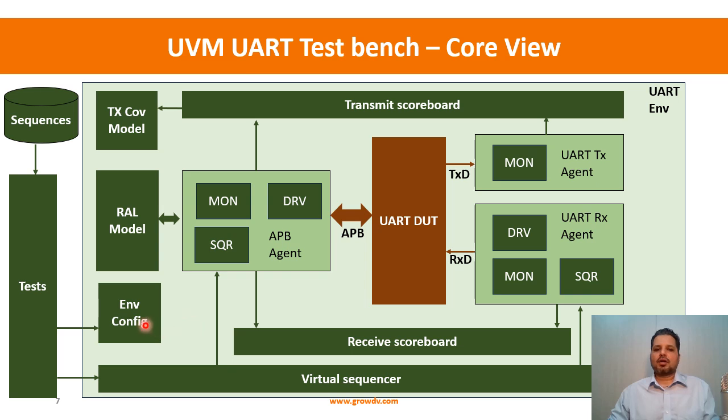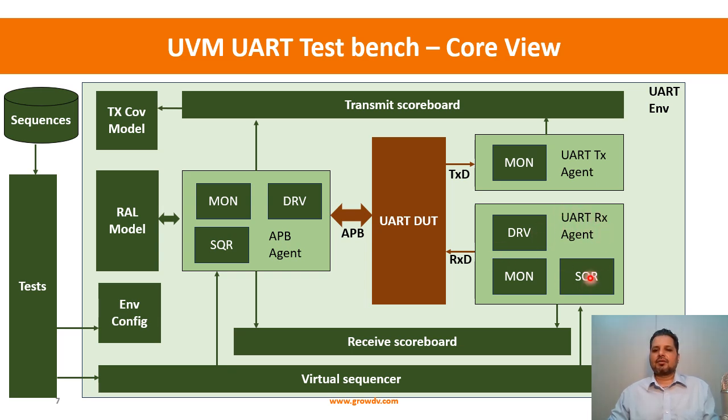We have not talked about the environment, config and virtual sequencer, so let's talk about it. Let's start off with the virtual sequencer. We have sequencers in the agent which handle one interface. The APB agent has a sequencer which handles the APB interface, and the RxD interface is handled by the sequencer present in the UART Rx agent.